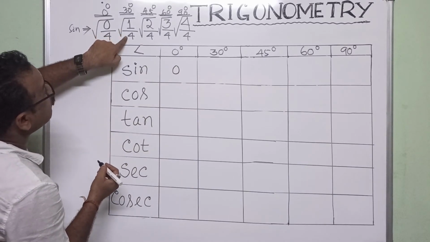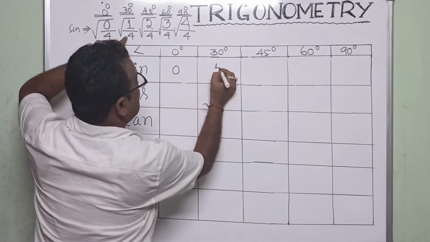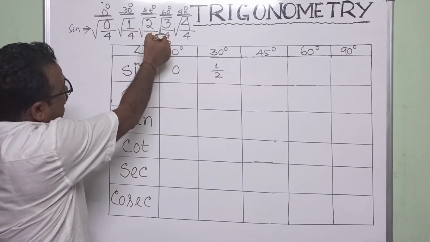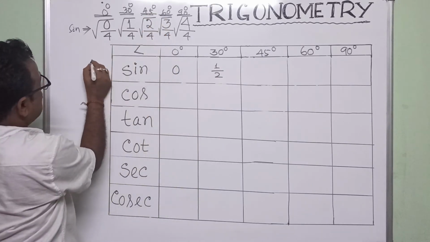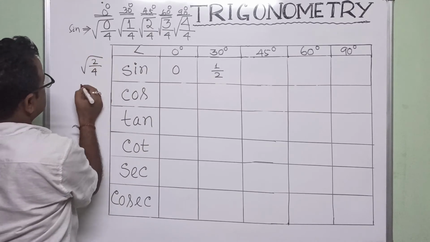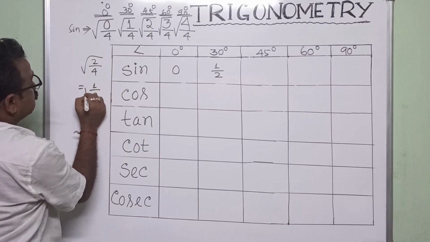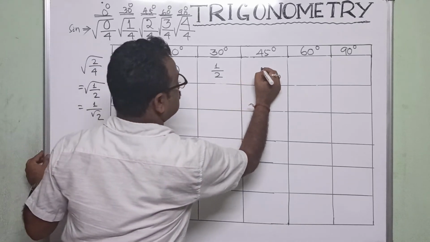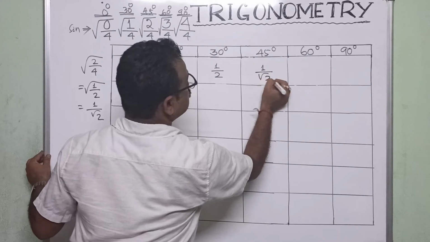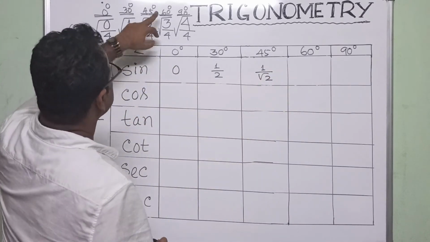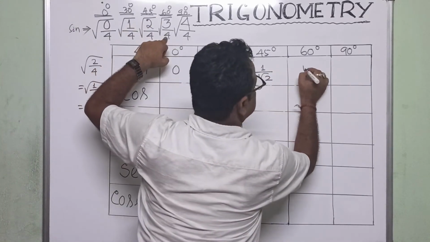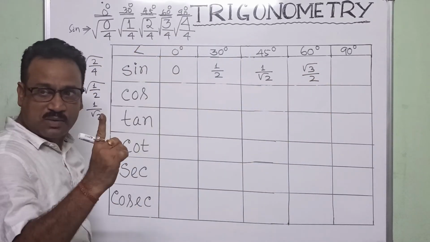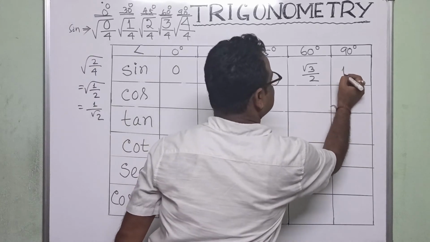Now 1 by 4, root over, is 1 by 2. Now 2 by 4 reduces to 1 by 2, and its root is 1 by root 2. Now for 60 degree, root 3 by 2. Now 4 by 4 is 1, and the root of 1 is 1.